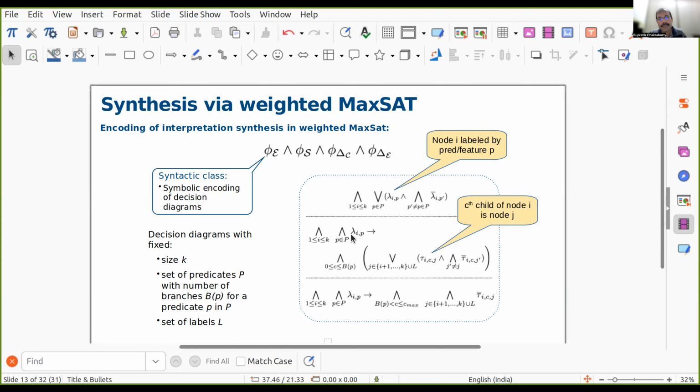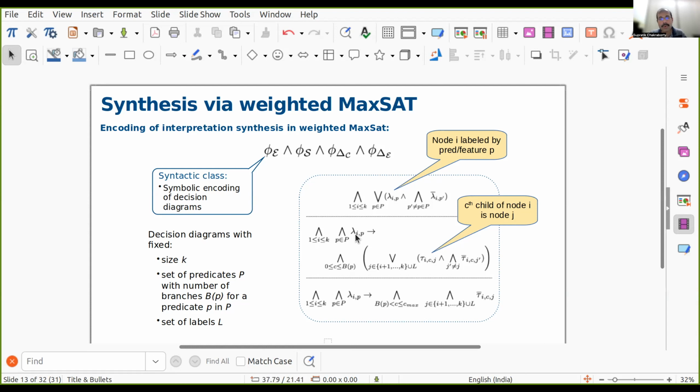So if the node I is labeled by P, then for the number of children, which is between 0 and BP, I should have these Boolean variables true. And what is this Boolean variable saying? It's saying if the cth child of node I is node J, then this tau ICJ is true. Otherwise, if the cth child of node I is not node J, then tau ICJ is false.